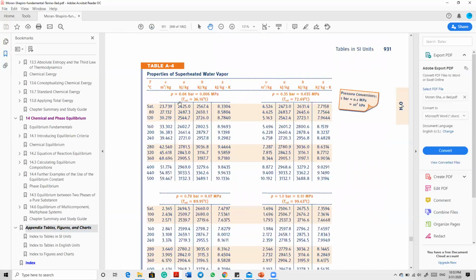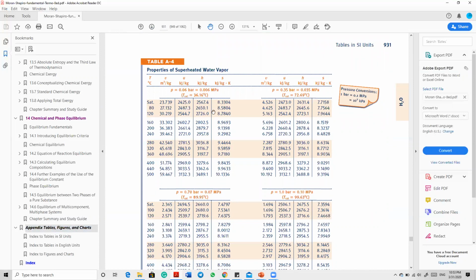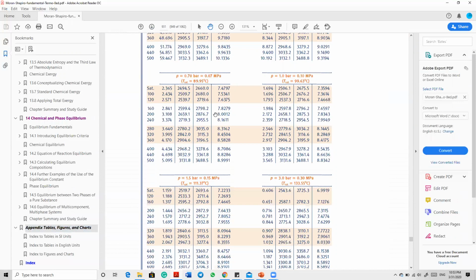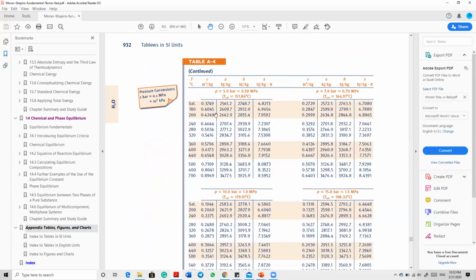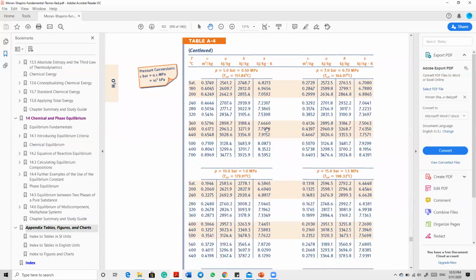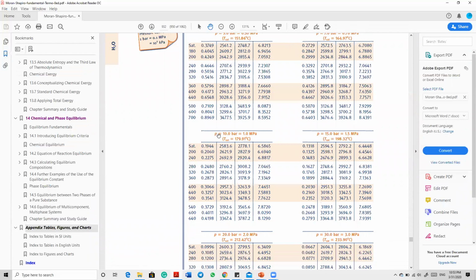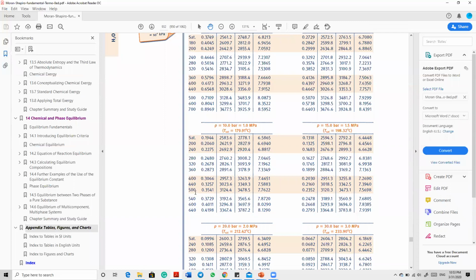On this page, I'm looking for 10 bar. On the next page, here we go, I have 10 bar. At 10 bar, I am given the temperature of 215 degrees Celsius. Look here.